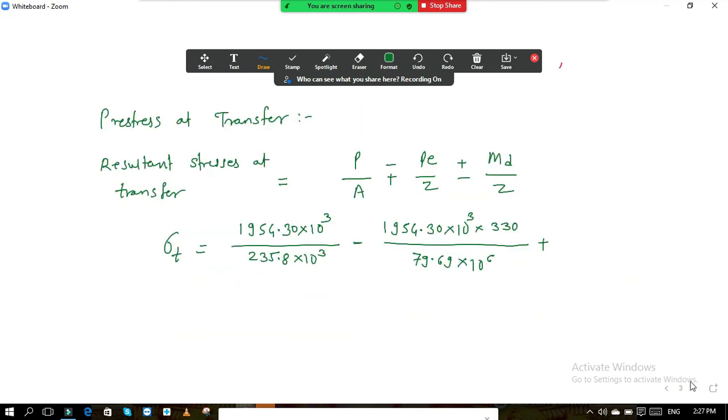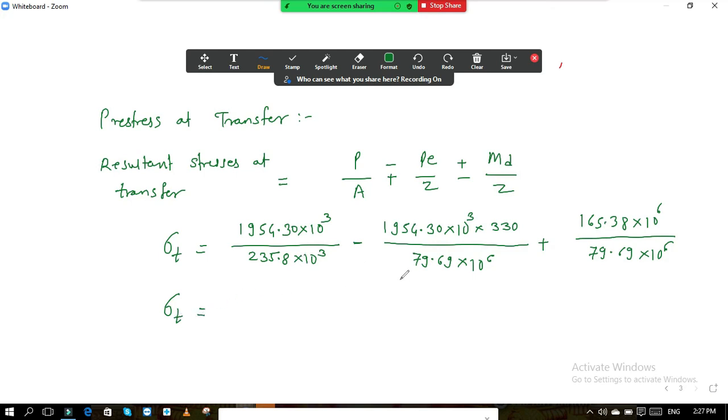So MD 165.38 into 10 raised to 6 divided by Z, 73.69 into 10 raised to 6. If you solve, you will get the resultant stresses at top.